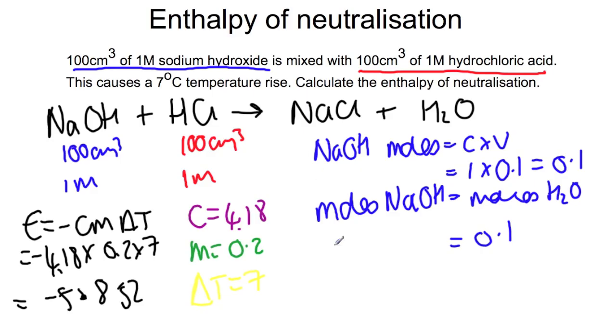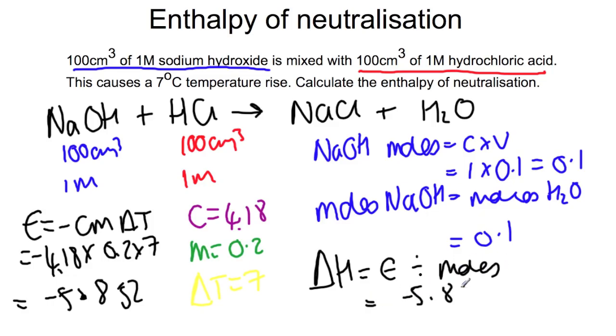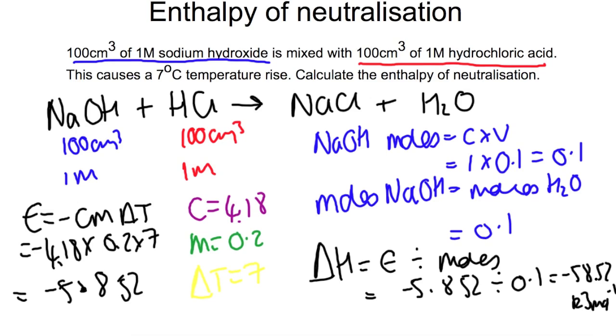So just like we have before, delta H equals E divided by the moles. So we have negative 5.852 divided by 0.1 to give us negative 58.52 kilojoules per mole of water produced.